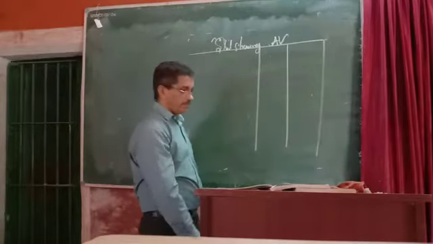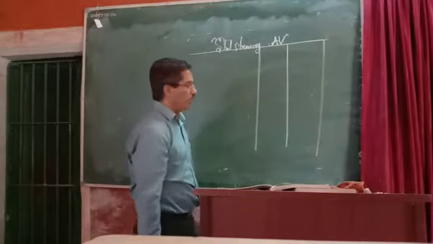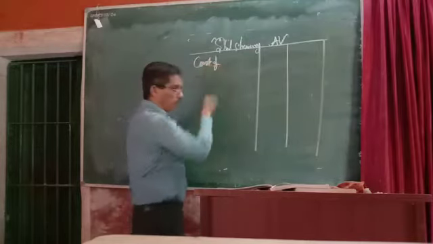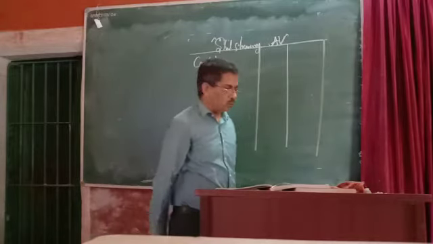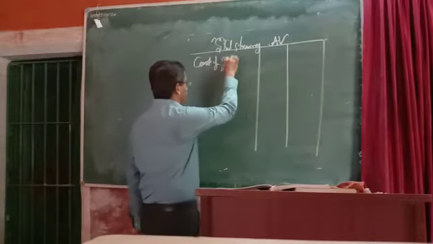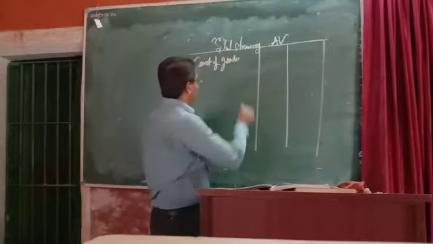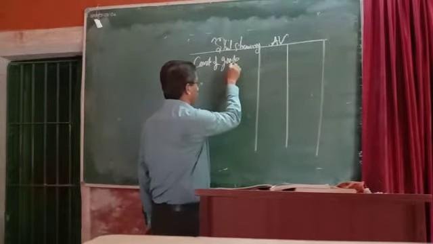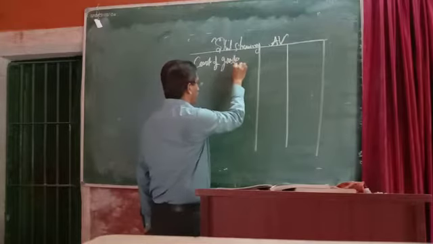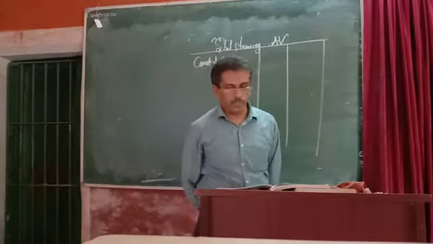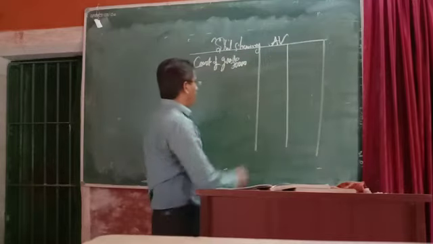Now, first, cost of goods, $30,000. That should get converted.